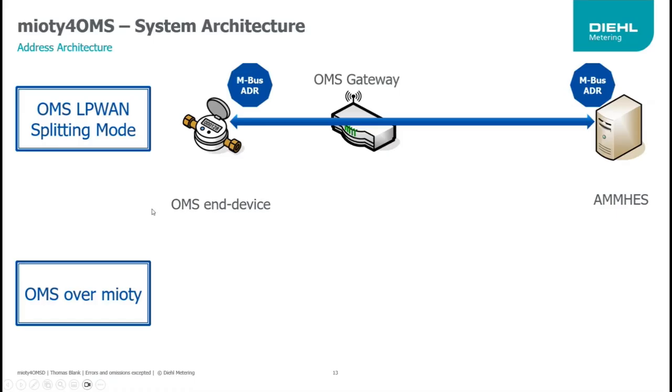And what does it mean for the system architecture? For OMS LPWAN splitting mode, you have this metering MBUS address here in the OMS end device, and it's going through to the backend system that also has this MBUS address, and this is the main identification of this metering point in the database of this backend.